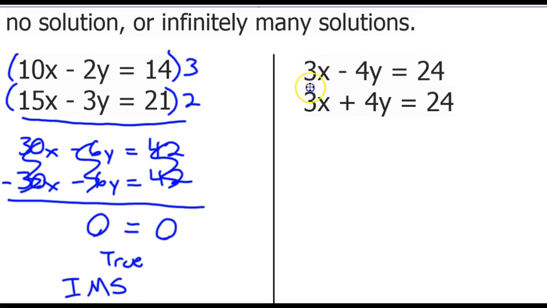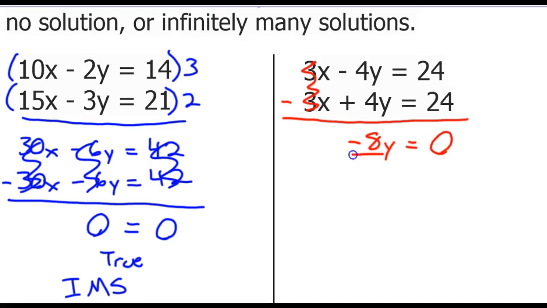Next one over here, I see that I have two 3x's and two 4y's. What I'm going to do is subtract. So I'm going to get rid of these 3x's, so 3x minus 3x eliminates. Negative 4 minus 4 is going to give us a negative 8y. And 24 minus 24 is going to give me 0.